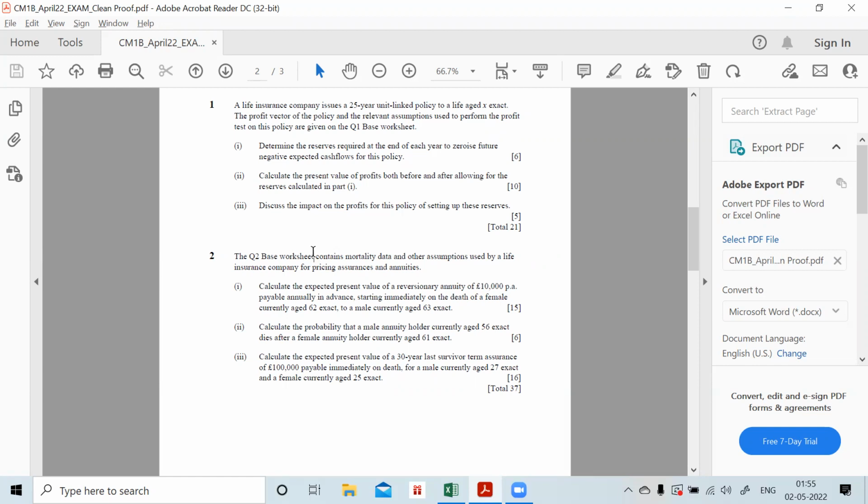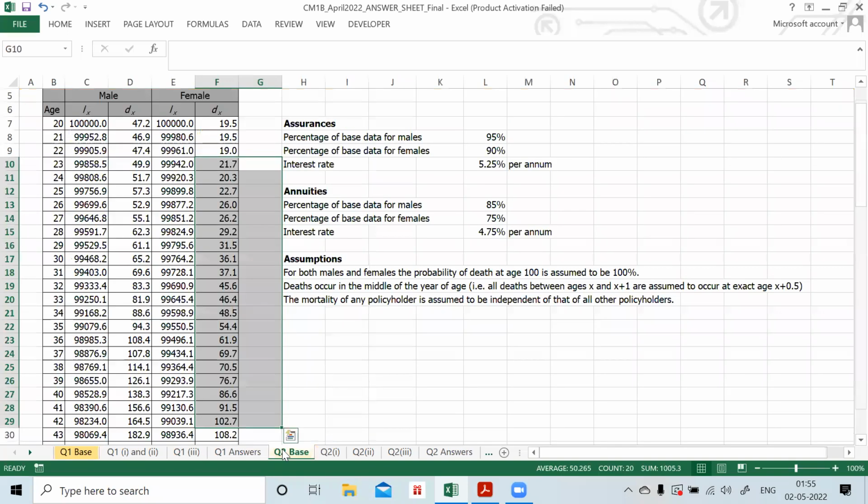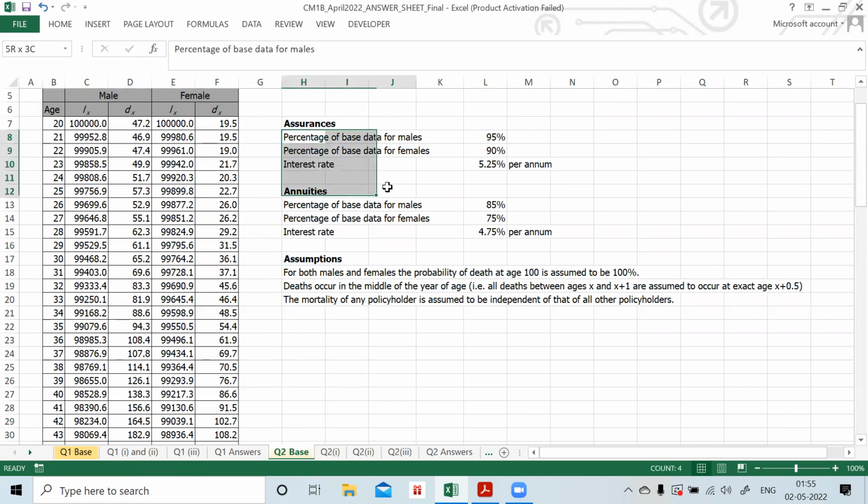So basically we need to calculate a reversionary annuity, and again we have been given our base in the worksheet. We have been given lx, dx, for both male and female, and we have been given the assurance percentages and annuity percentage, and some assumptions are given.